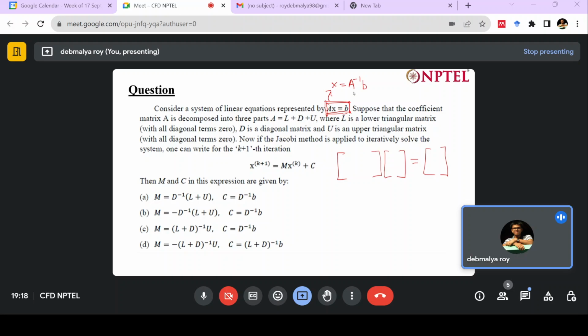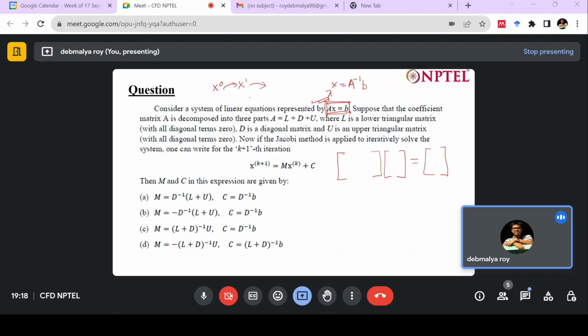One such strategy is the iterative methods, where we take a guess value. For example, x0 is a guess value, and then we see that x0 is actually not satisfying this particular equation. So we update our guess value to a better guess value in the next iteration step, x1, and so on.